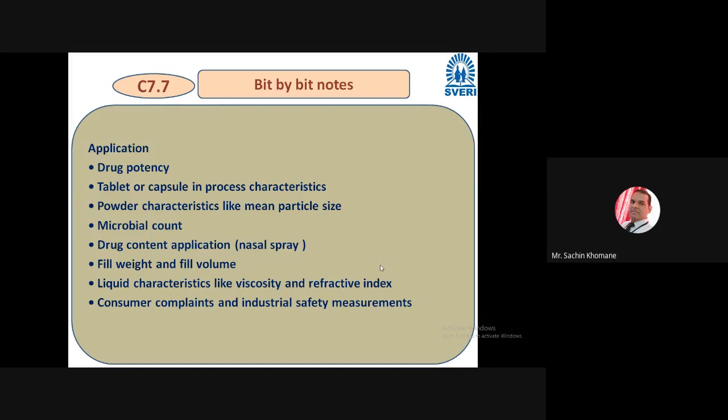So customer complaints also you can plot on the control chart, and you will see how many customers are giving complaints. Whether we are getting complaints from literate people or illiterate people, those who are not able to use the device or product properly. Such complaints you can monitor this way.